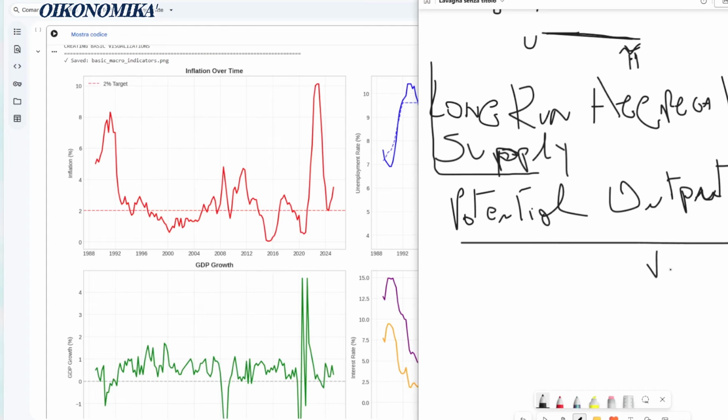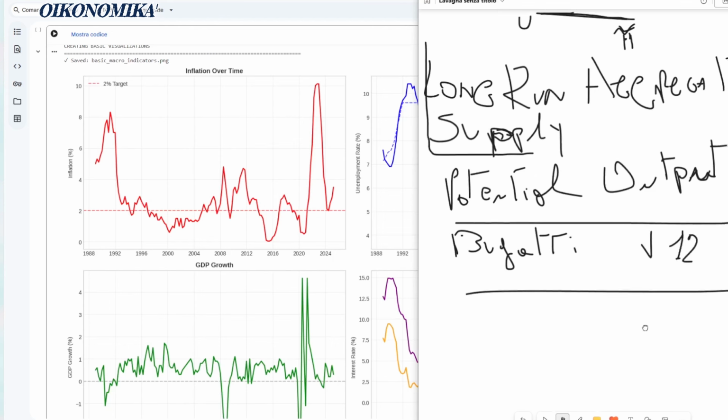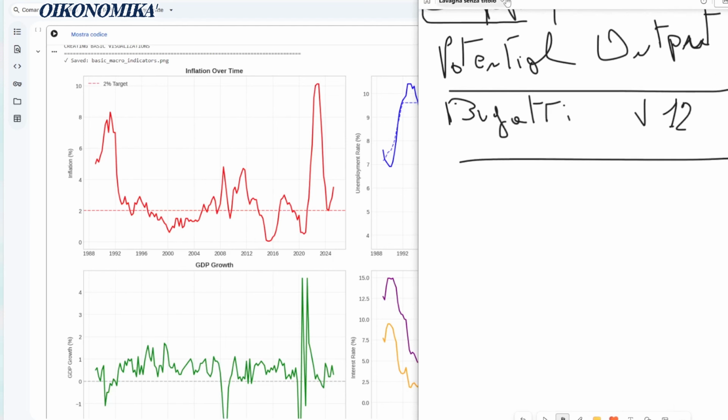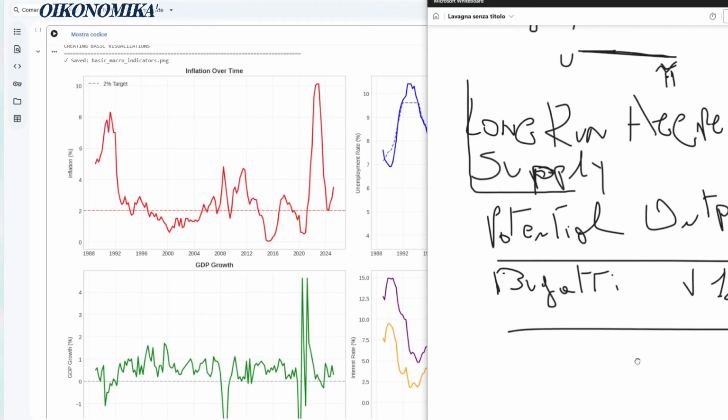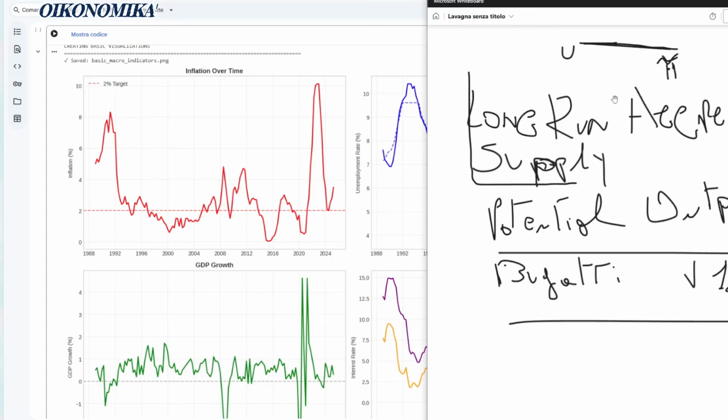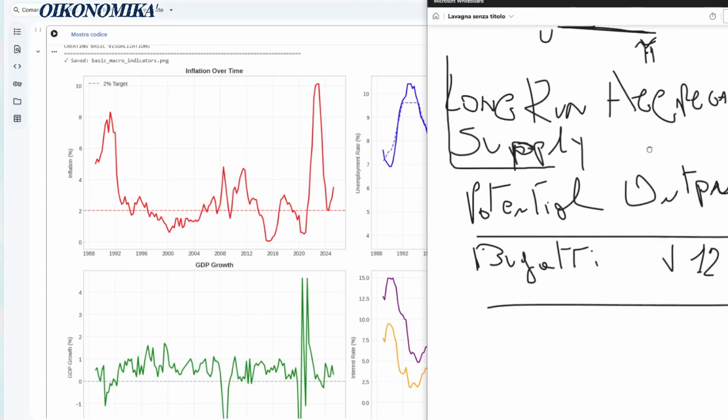So we want the V12 Bugatti, possibly. Okay, I don't want the restricted F1 with 400 brake horsepower. The long run aggregate supply, the potential output, they are not optimized.